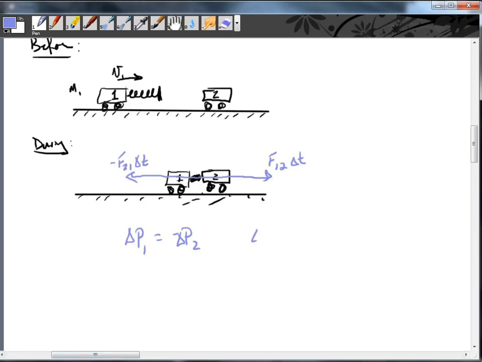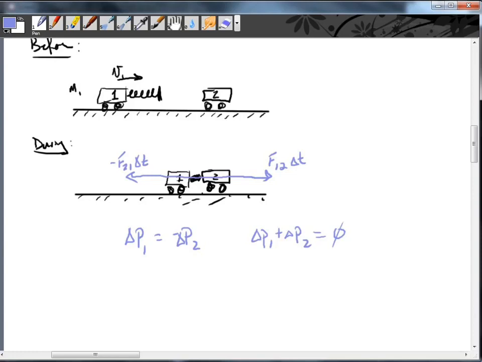So if we add the changes in P1 and P2 together, they equal 0. There's something to this.